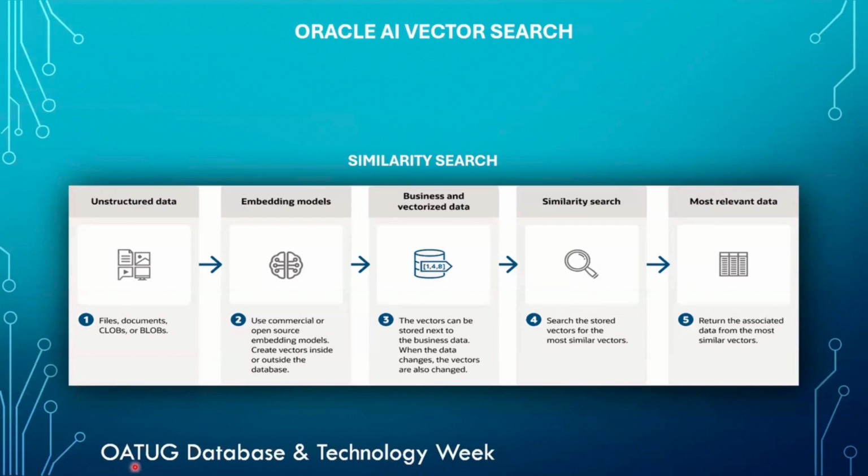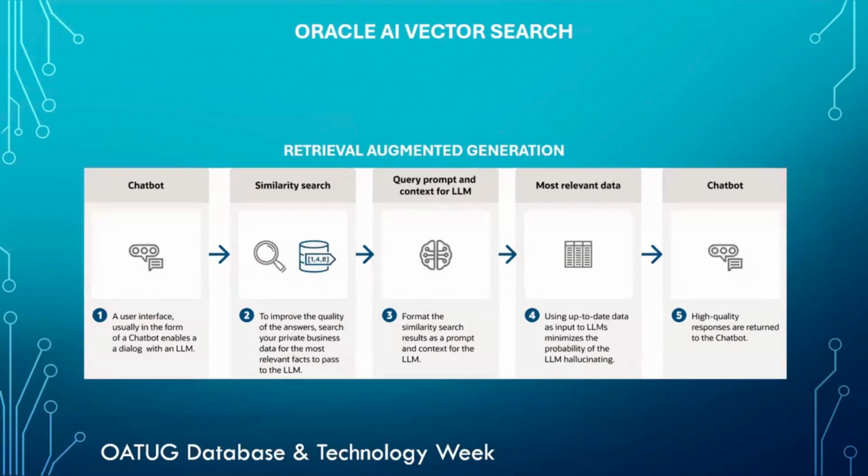In RAG, it adds an element to it, called contextual meaning. It uses the similarity search to improve the accuracy and add contextual relevance to that similarity search, so it becomes more efficient. It produces more results based on the contextual meaning of the search that you are using.